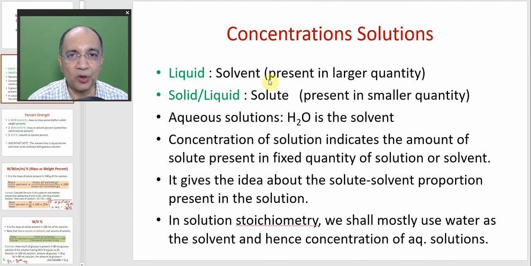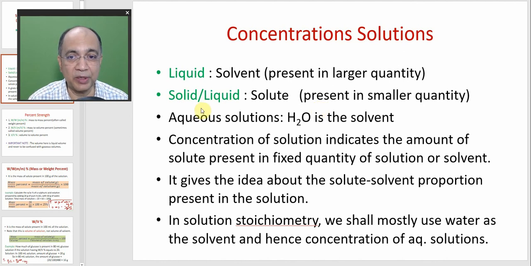Now, to find the concentration of a solution, we must know that a solution has two components. One is liquid, that is a solvent, that is present in large quantity, and the solute, which is present in smaller proportion.